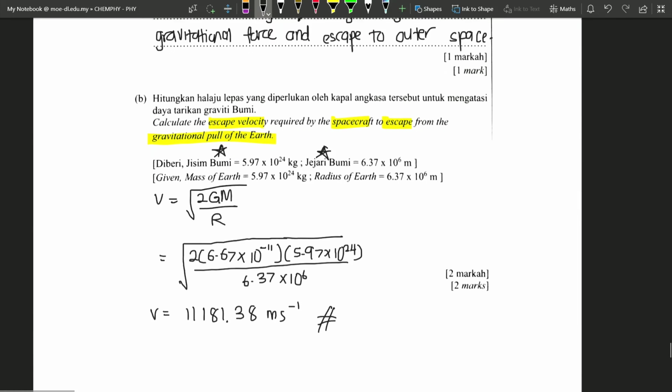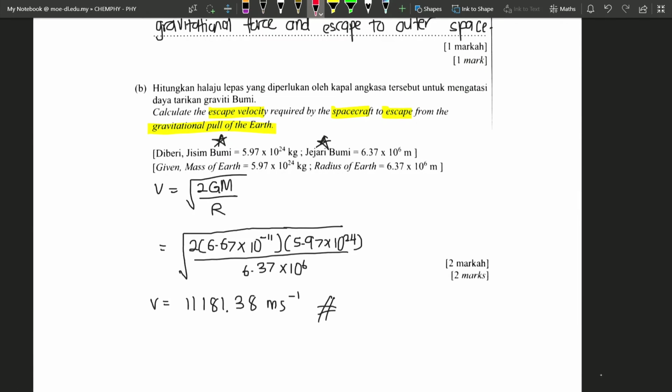So based on this calculation yang you guys kena faham, ini adalah halaju lepas di permukaan bumi. So mana-mana objek nak keluar dari permukaan bumi pergi ke angkasa lepas, objek tu velocity dia kena higher than this halaju lepas, baru boleh dia overcome gravitational force and escape to the outer space.